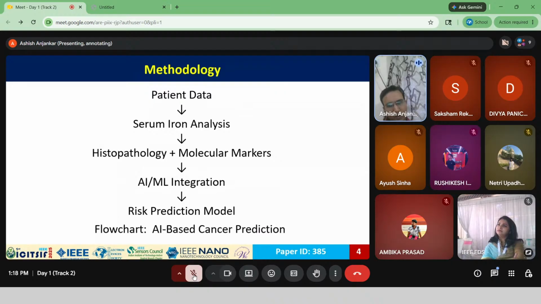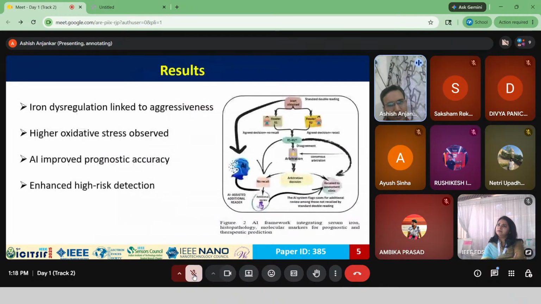What we are projecting again is AI and integration of this serum iron and histopathology, which will help us in developing a risk prediction model for breast cancer patients. What we can get is that iron dysregulation is linked to aggressiveness, as we can see in the figure.